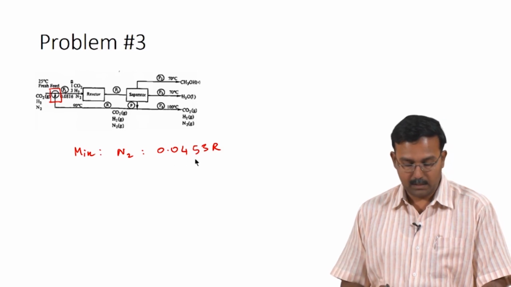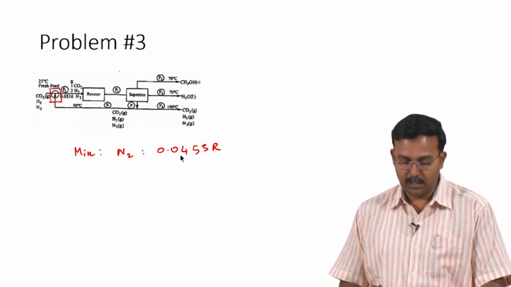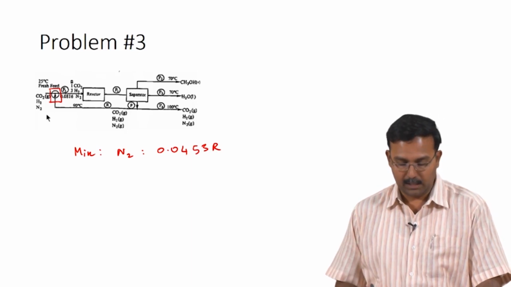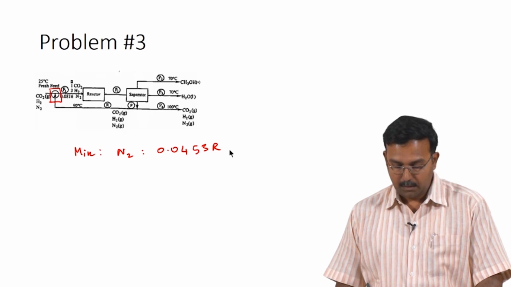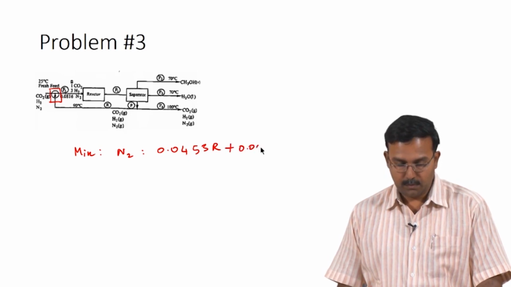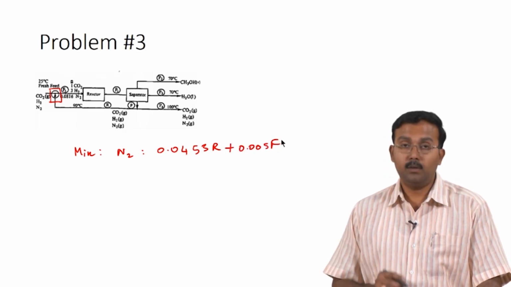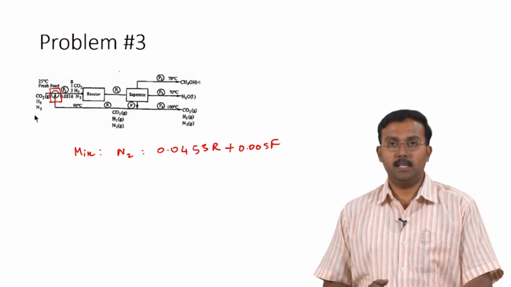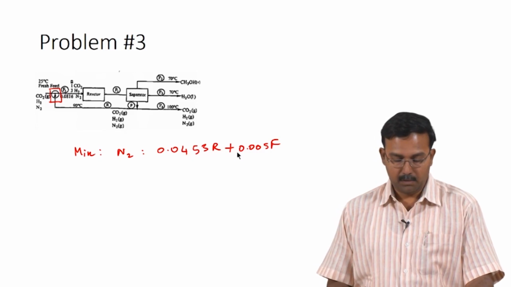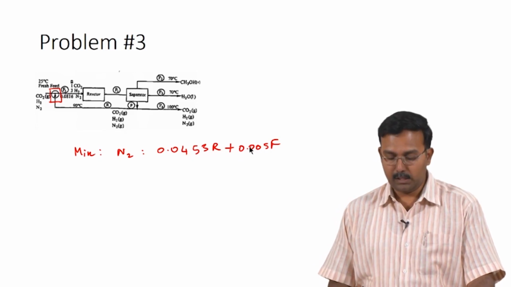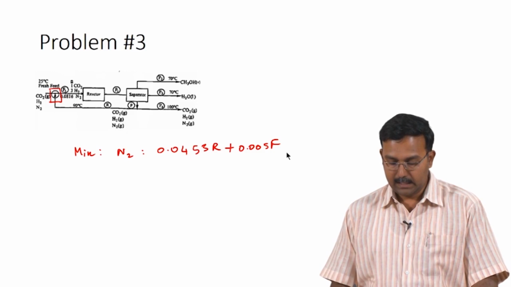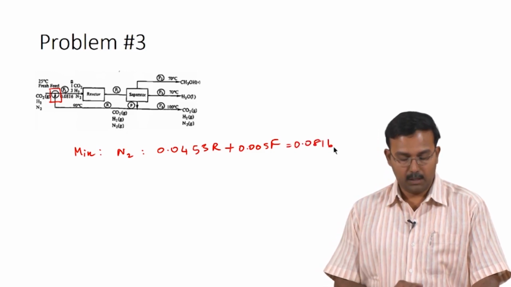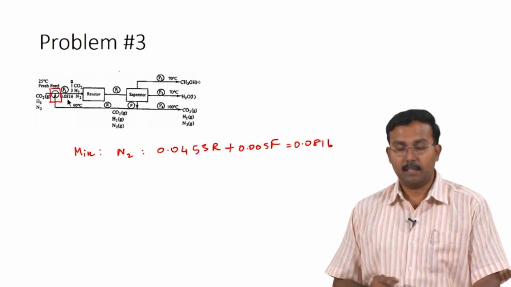So, using that we get this equation, which is 0.0453 times R, the amount of nitrogen entering the mixing point through the recycle, plus 0.005 F. We have been told that the nitrogen in the fresh feed is 0.5%. So, the amount of nitrogen entering through the fresh feed would be 0.005 F, and this is equal to 0.0816, which is the total number of kilomoles of nitrogen in the gross feed.